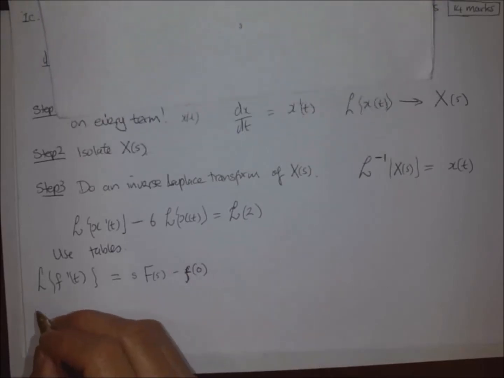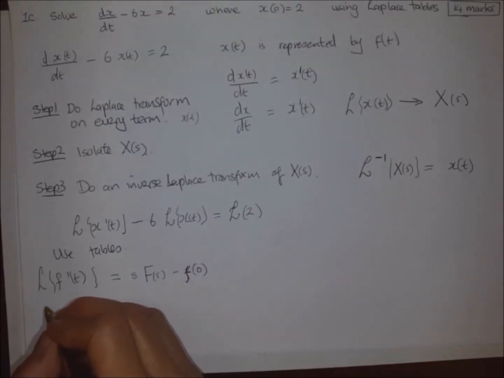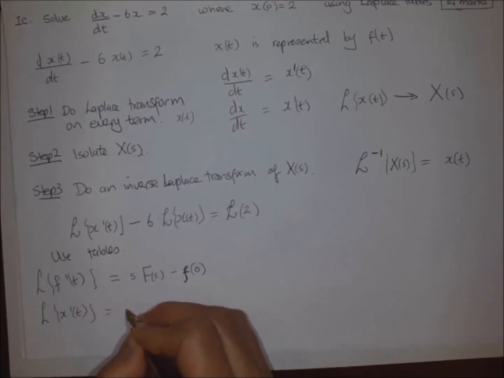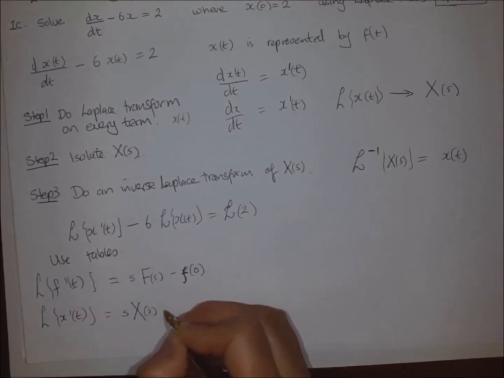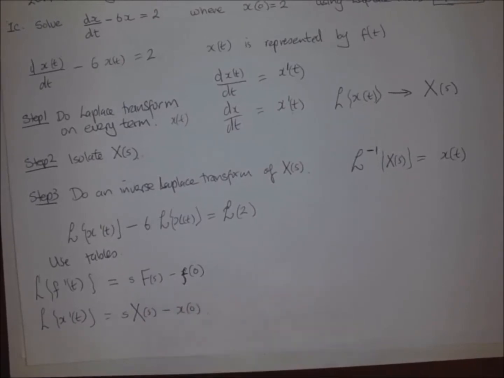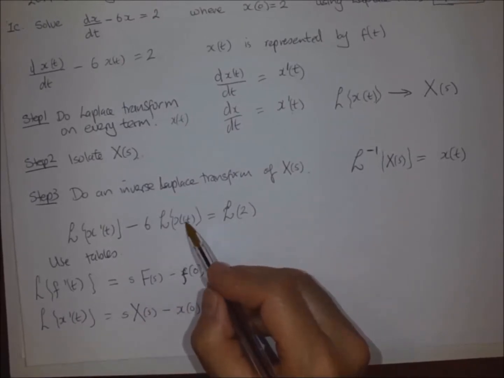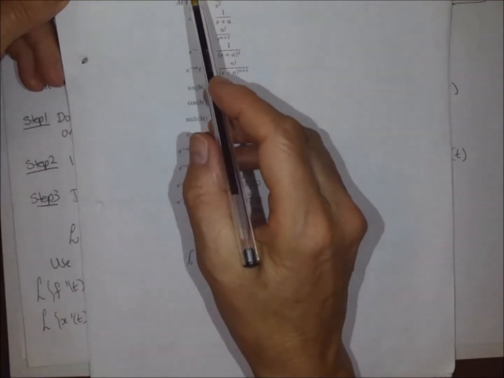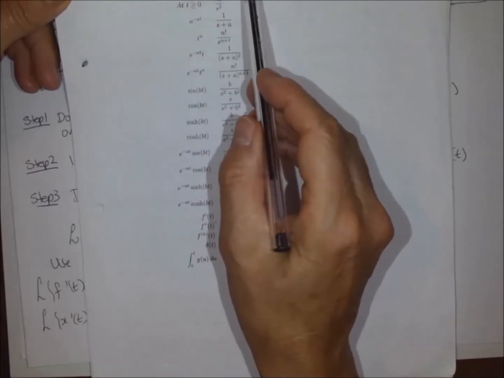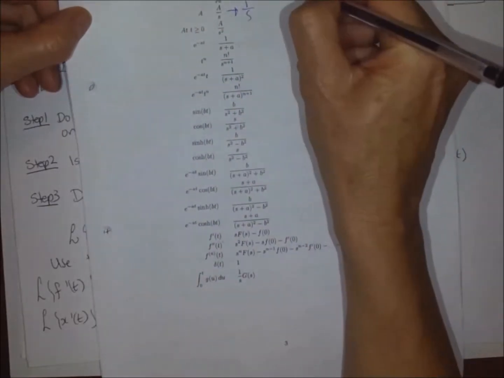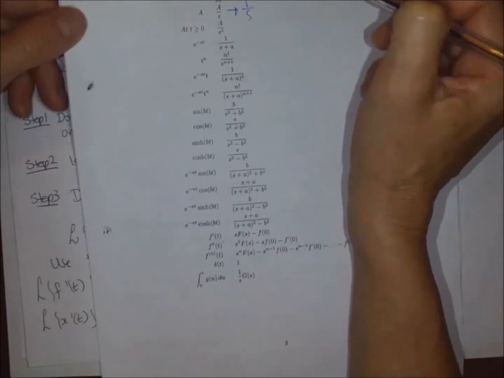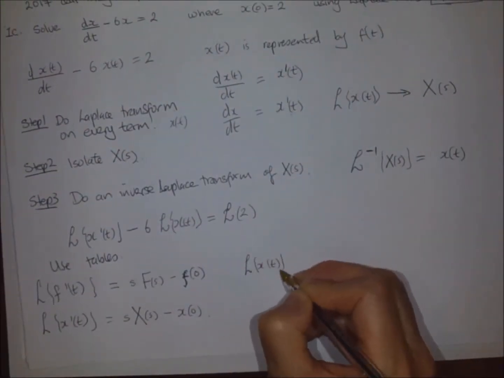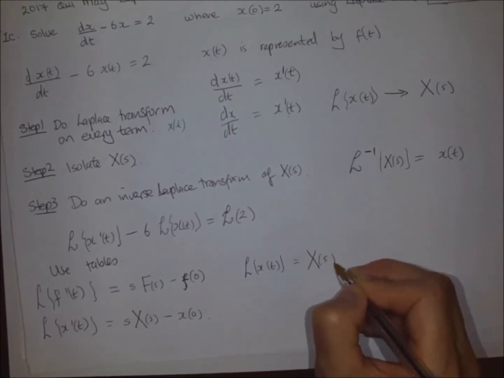So if it was a Laplace transform of little x dash t, which is what we have, it will be s, capital X of s, minus little x of 0. The next part is the Laplace transform of x of t. It's not really in the tables. It would be f of t, and that could be called capital F of s. So if you have a Laplace transform on little x of t, it is capital X of s.